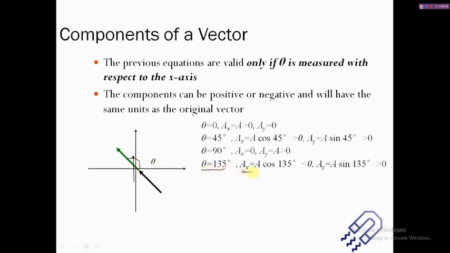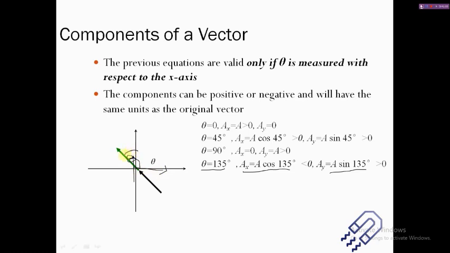Then you can again do cos of 135 and sine of 135. Look at this here: what angle is it making with the y-axis, and what angle is it making with the x-axis? With the x-axis, it is making an angle of 135. With the y-axis, it is making an angle of 145.